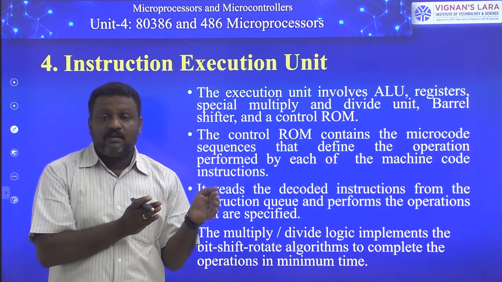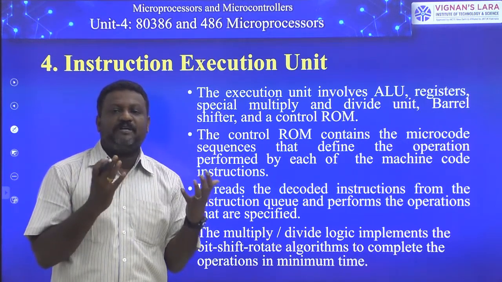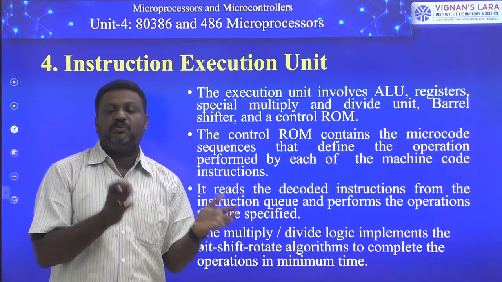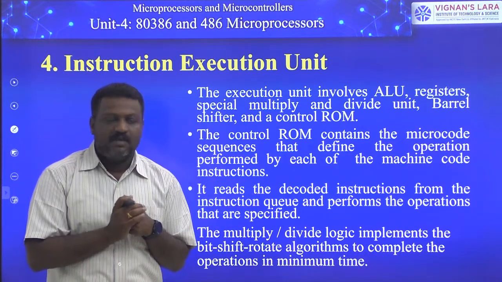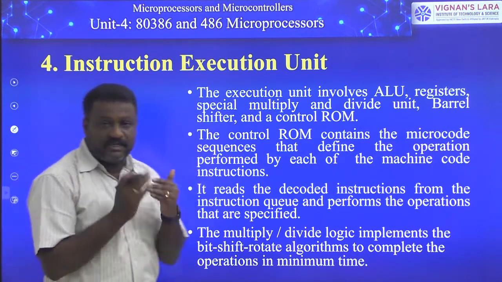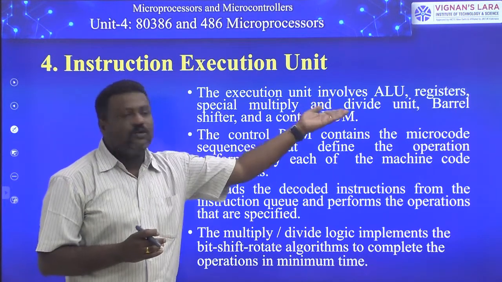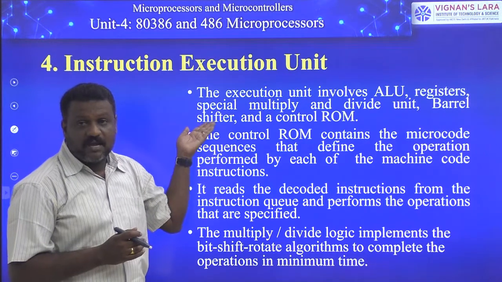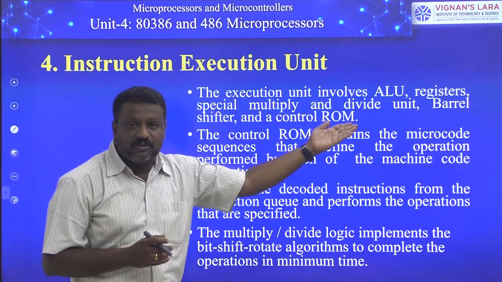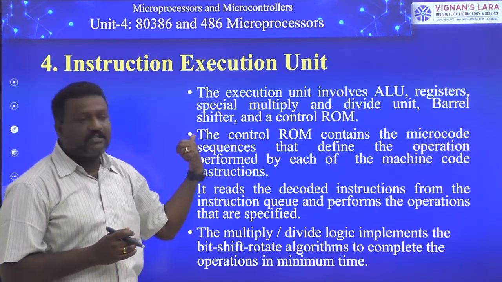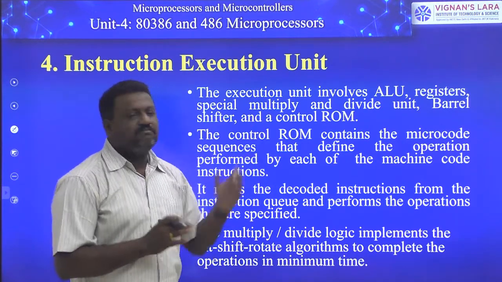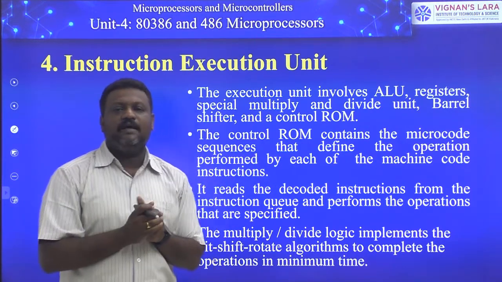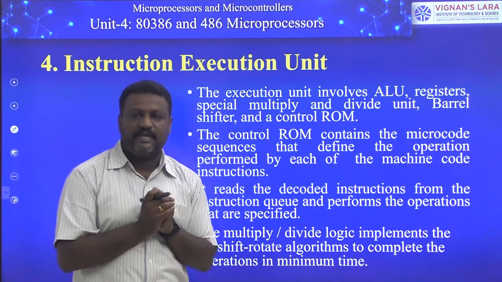That means the operation you want to perform and the operands, those operations are performed in this execution unit. This execution unit has different partitions like the ALU and a group of registers, a multiply and divide unit, a barrel shifter, as well as a control ROM. So these are the major parts you may find in the execution unit of 80386.